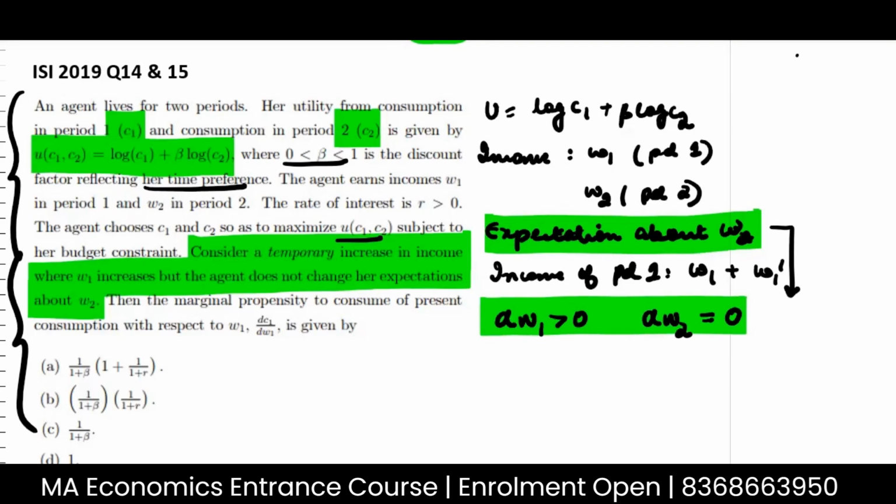There is an increase in the wage in period 1, so I've taken it greater than 0, and the agent does not change expectation about W2.